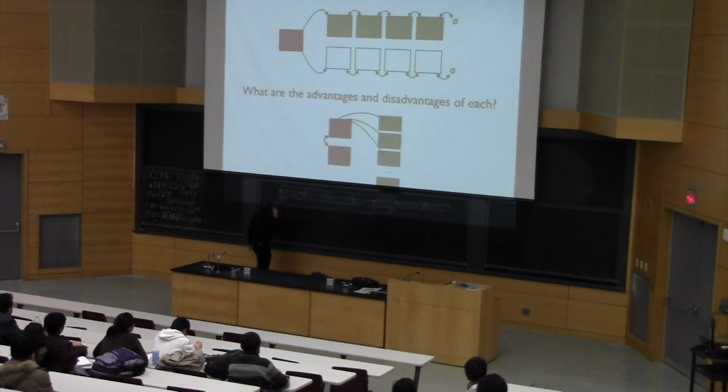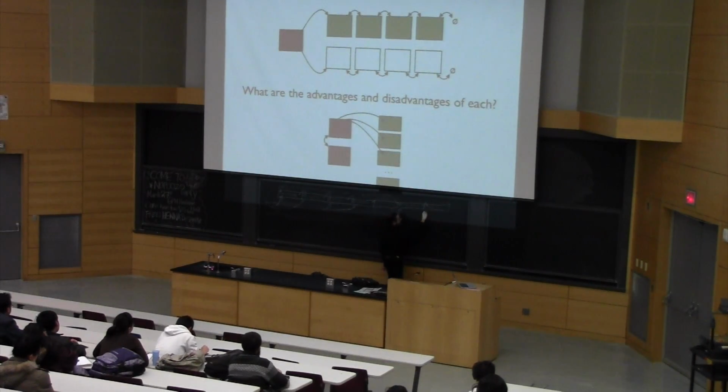So instead, the other approach is to forget this linked list and just have a directory page that says, OK, you've got data here, you've got data here, you've got data here, and you've got data here.